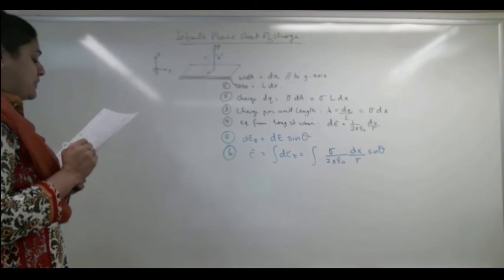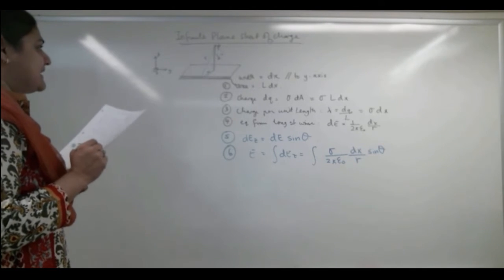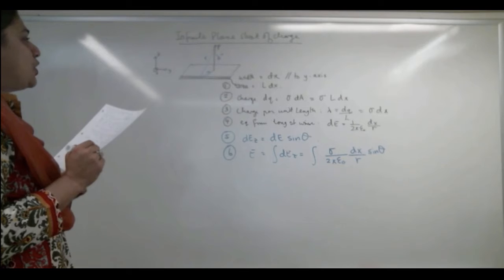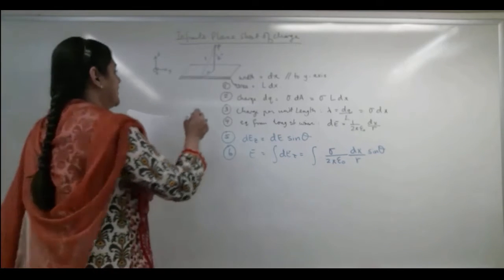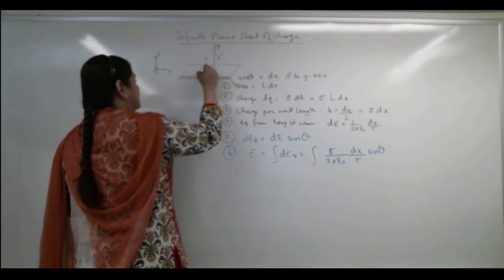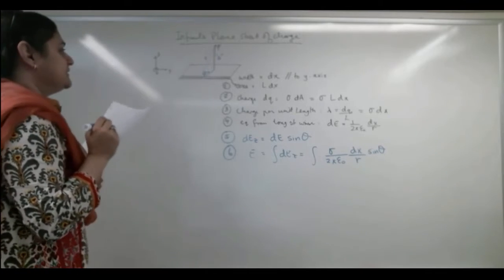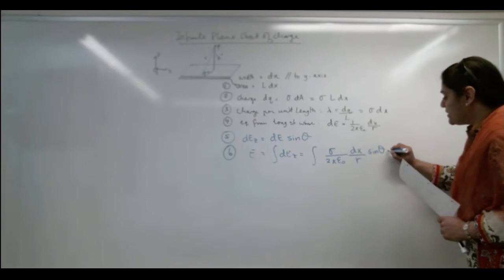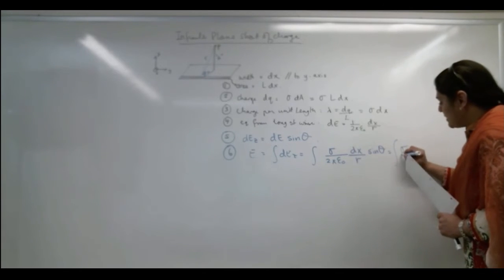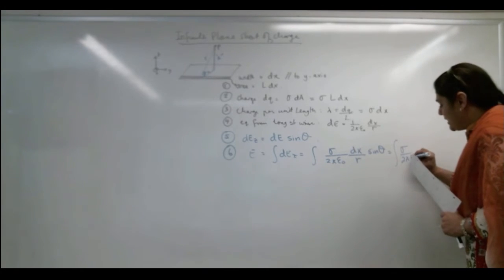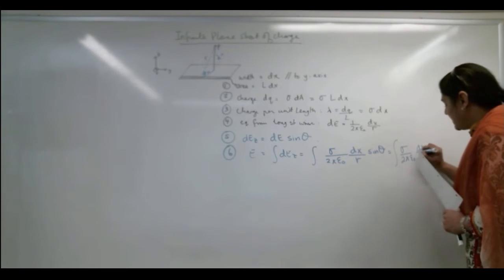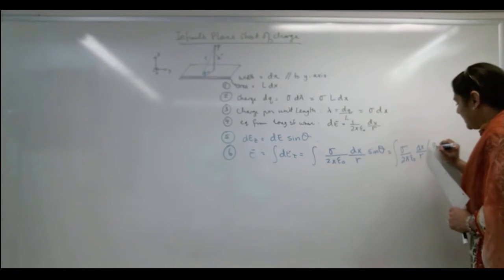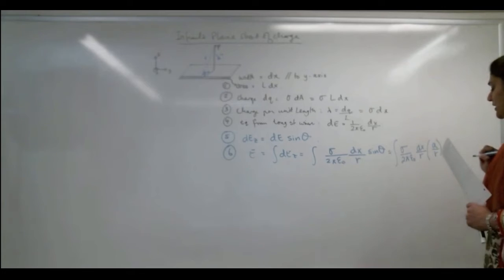Okay? Now what is sine theta? Sine theta is A over r. Okay? So this angle is going to be theta. So sine theta is going to be A over r. So I can say sigma over 2 pi epsilon naught dx over r, A over r.